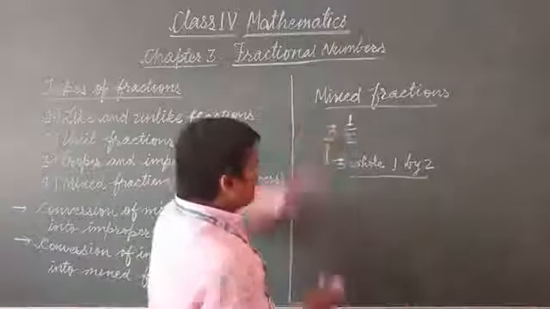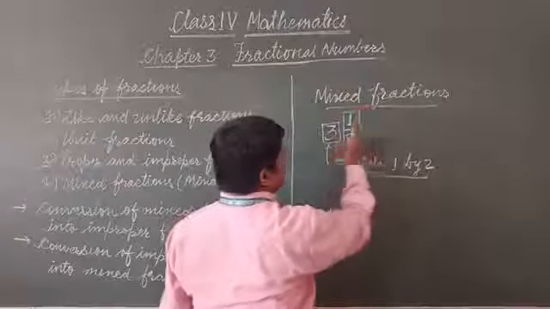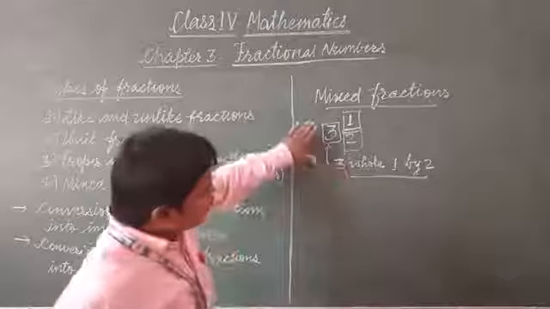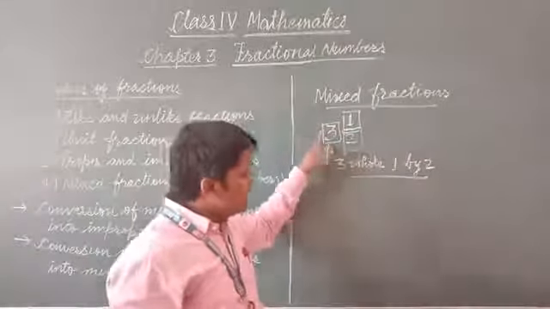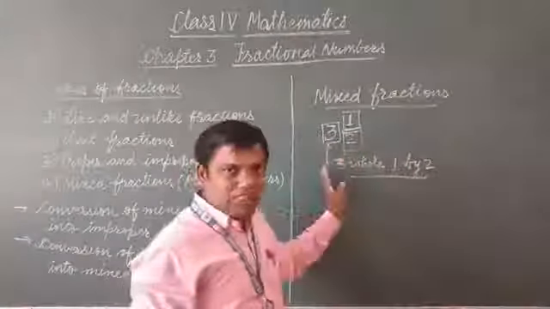Here is a whole number and here is a fraction. So this is a combination of a whole number and a fraction. It is also called an integer: 3 integer 1 by 2, or 3 whole 1 by 2. Like this we read.